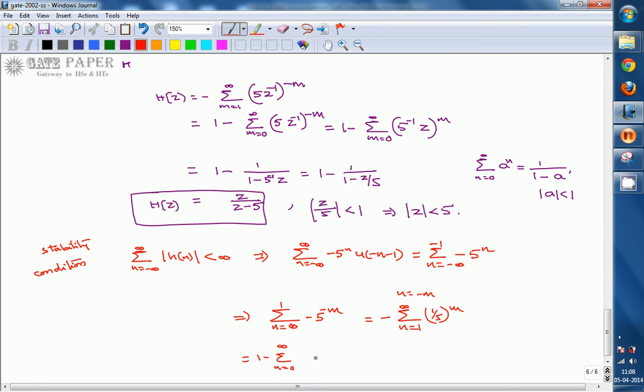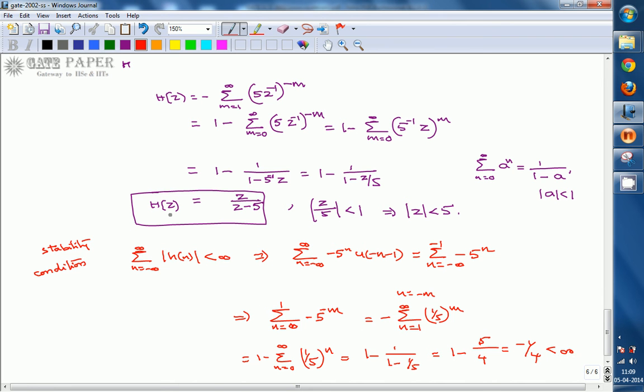This is an infinite geometric progression, 1 by 1 minus a, with mod a less than 1, so we can apply it. This equals 1 minus 1 by 4 by 5, which becomes minus 1 by 4, and this is less than infinity.